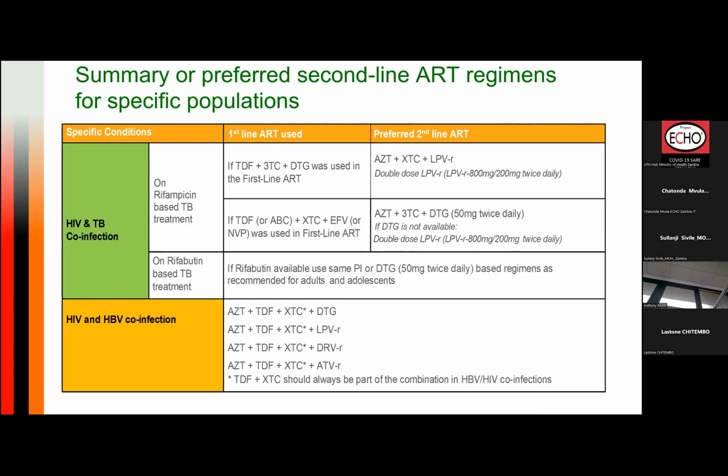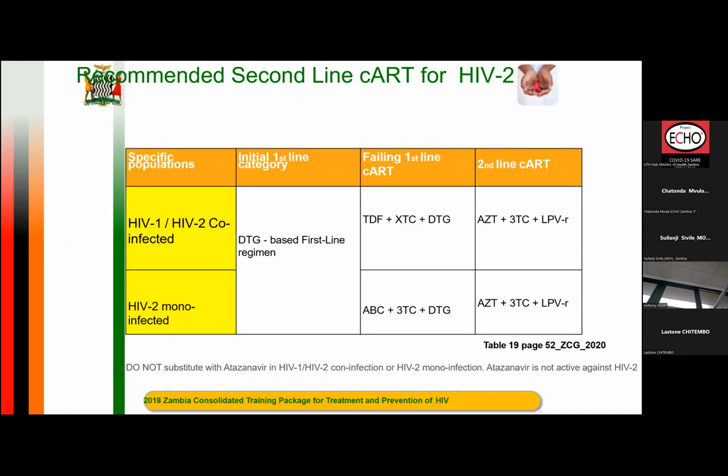guidelines already say. So for co-infection, these are things we have discussed several times. Note that for those who switch, if they are on lopinavir, or atazanavir, or darunavir, and they are on TB treatment, if you don't change drugs, or increase the LPV dose, you are pretty much just cooking HIV drug resistance.